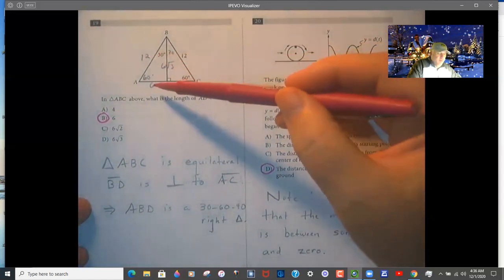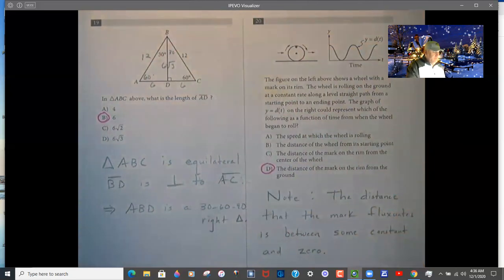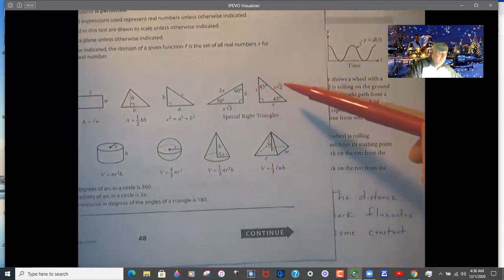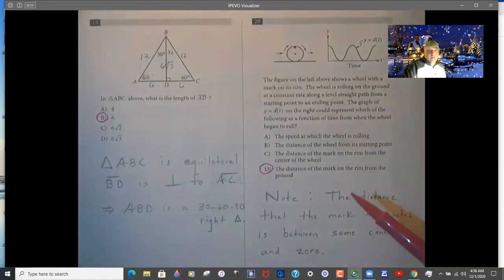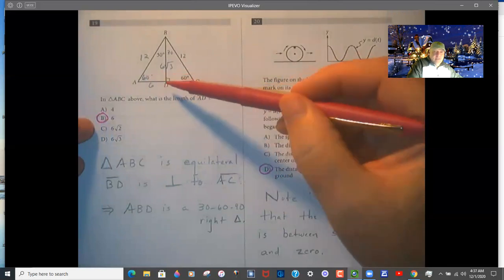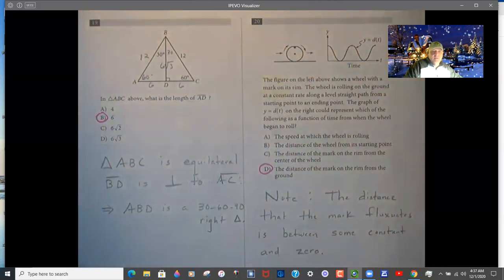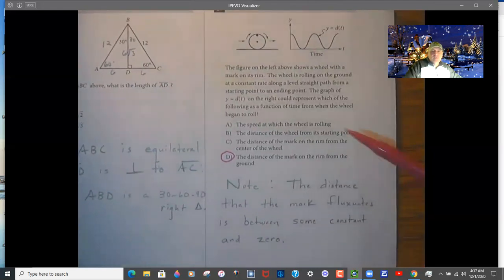Making these 12, this will be 6 because it's half the hypotenuse. As you see here, it's a ratio of 2 to 1, and then times the square root of 3. So what is the length of AD? So 6 is going to be that length. Pretty simple to do.